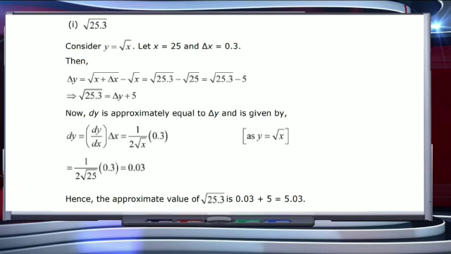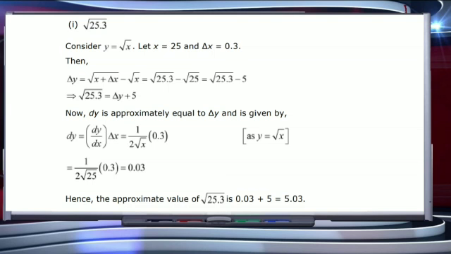The first part is to find the value of under root 25.3. Students, listen to this carefully. We will take as x the value whose root is possible. As you can see, in 25.3, 25 is an exact root; root 25 is 5.